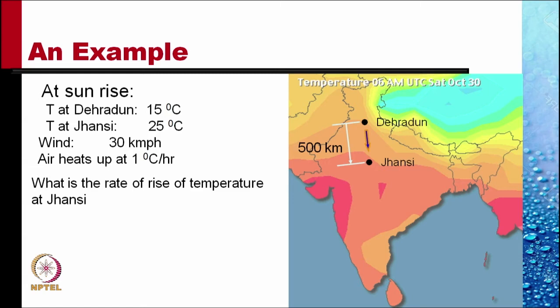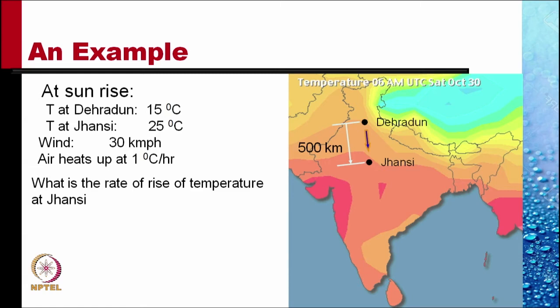There is a 30 kilometer per hour wind that blows due south, and the air heats up at the rate of 1 degree Celsius per hour. What is the rate of rise of temperature at Jhansi?